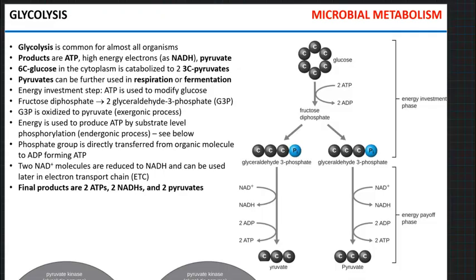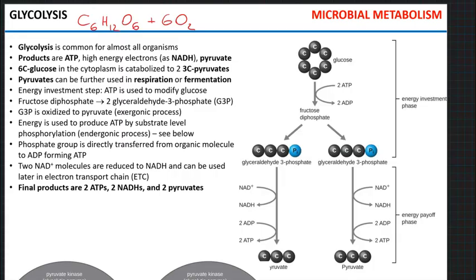But first, I want to write down the equation for aerobic respiration. So look at this. We start with the glucose molecule that has this formula. This molecule is oxidized by oxygen.